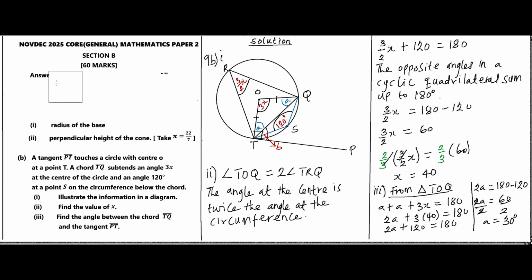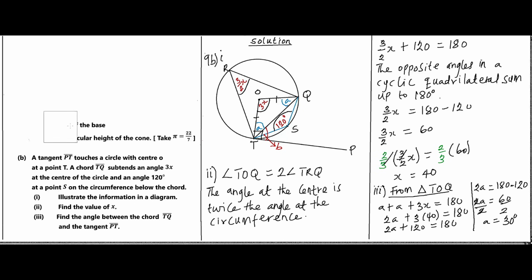You know that A plus B must be equal to 90 degrees because the radius and the tangent will always meet at right angle. So we can say that A plus B is equal to 90 degrees.